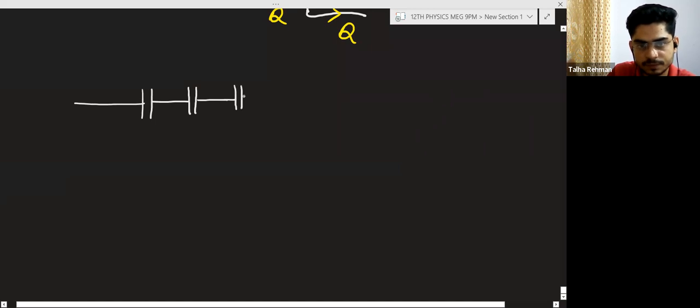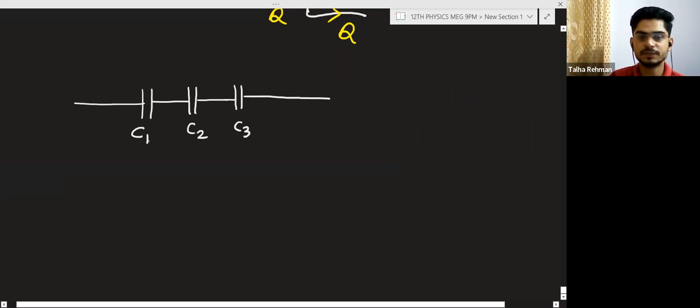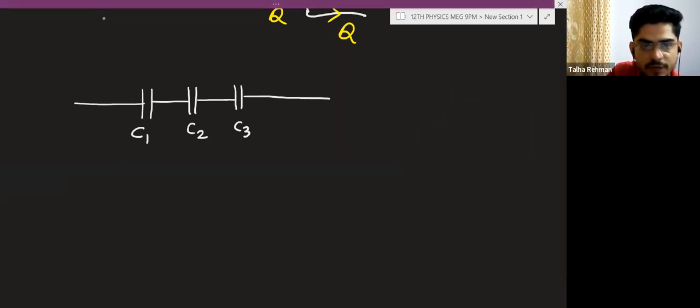So Hamza, I have told you this is a capacitor. Suppose these are C1, C2 and C3. This is a capacitor with capacitance C1. So here what will happen?